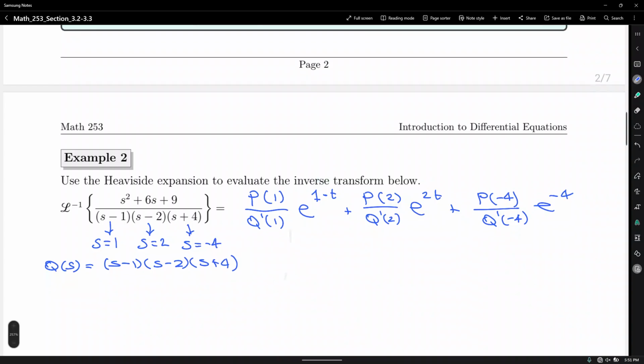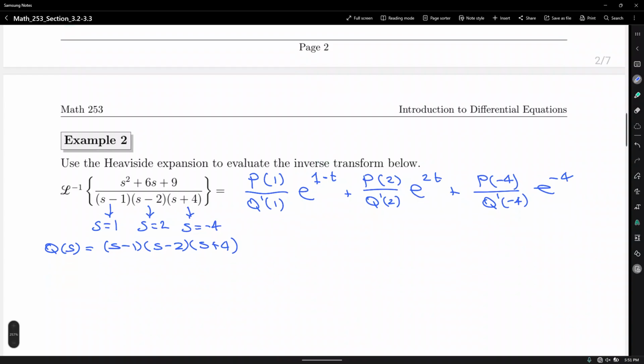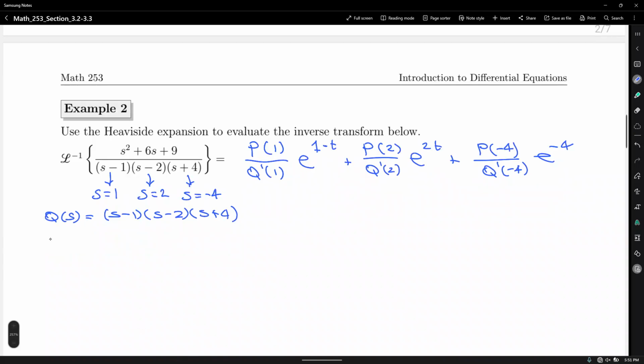But my advice here is to expand all this. I'm going to give you the result of the expansion. So FOIL, and then whatever you get from foiling these two, multiply by S plus 4. Q of S equals S cubed plus S squared minus 10S plus 8, okay?